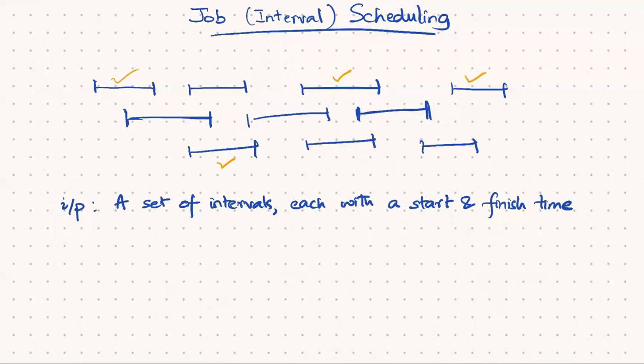Let's say we pick these 4 intervals and these 4 requests will be satisfied. The intervals picked should not conflict. So if we see this interval here, it starts only after the first interval has finished.